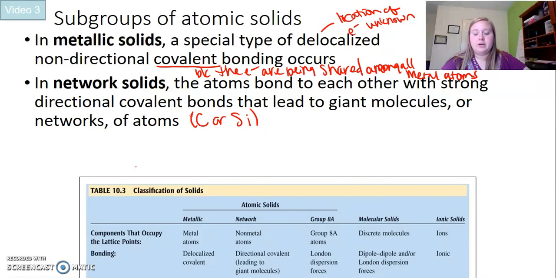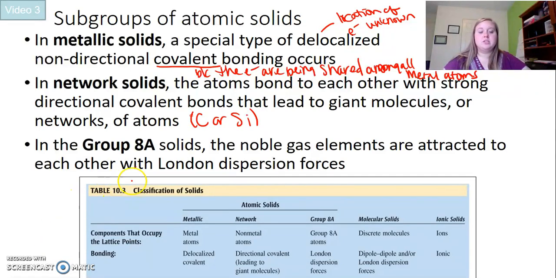And the final type of atomic solid that we really won't talk about a whole lot because, to be honest, it doesn't really have any purpose. They don't exist very often, but they're group 8A solids. And so this would be if you took the noble gases, which are group 8A, and made them into a solid, they would fall under that group 8A. Now, they have really no practical purpose. It's very difficult to make a noble gas into a solid.